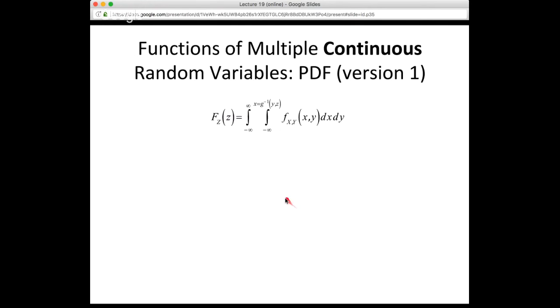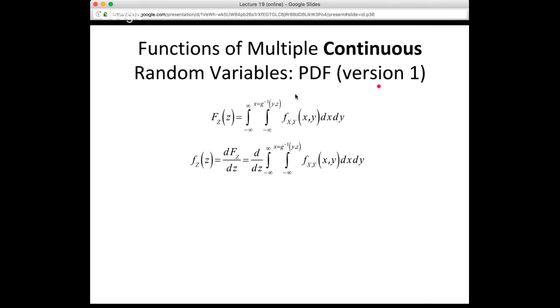So now that we have the solution for the continuous random variable CDF, we can determine the corresponding PDF by differentiation. Let's take the first case, which we're calling version 1, where we start with the CDF in which we solve for X as an inverse function of Y and Z. That was just one of the two options we had.